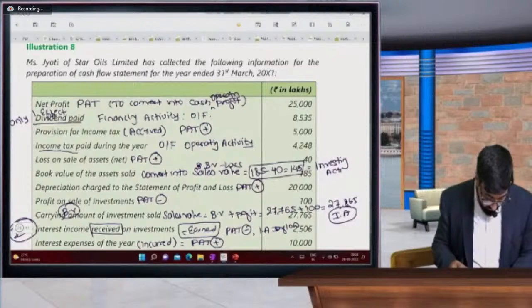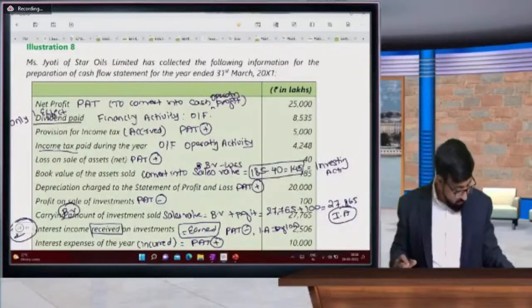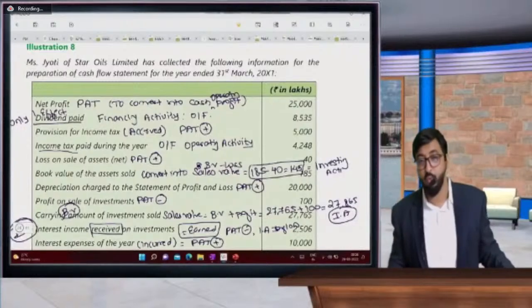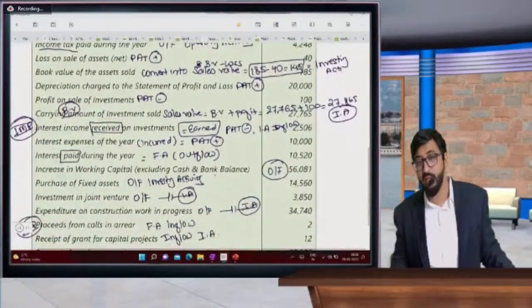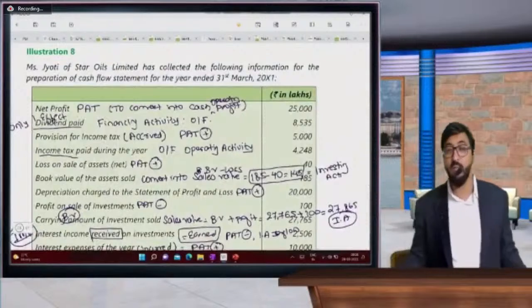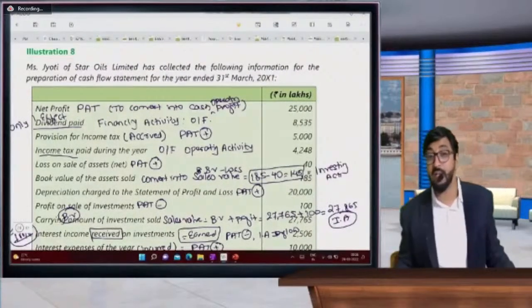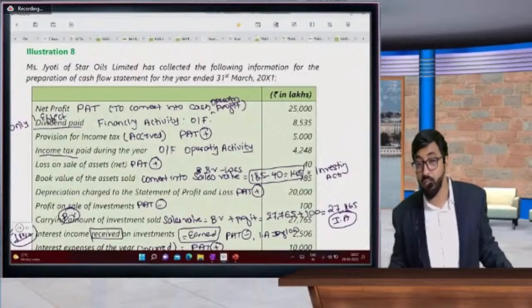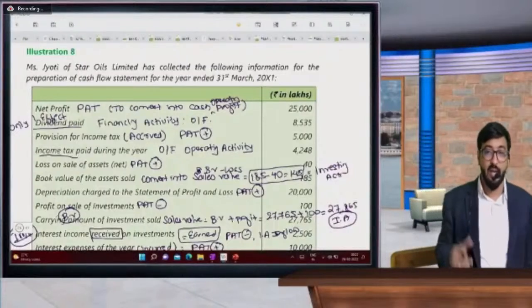How can you consider whether we are using direct method or indirect? Beta, the whole topic is done and you are asking me this. Just now we started with PAT in this question, and changes in working capital are directly given there. So in this question you have to apply your mind on direct method versus indirect method. Direct method is useful when creditors' payment is given or collection from debtors is given, then direct method can be used. But here you do not have any other option, compulsory indirect method, because PAT is given and all adjustments are given.